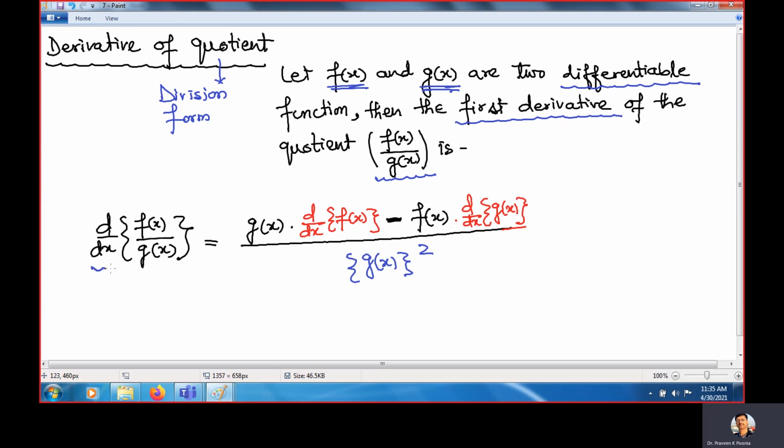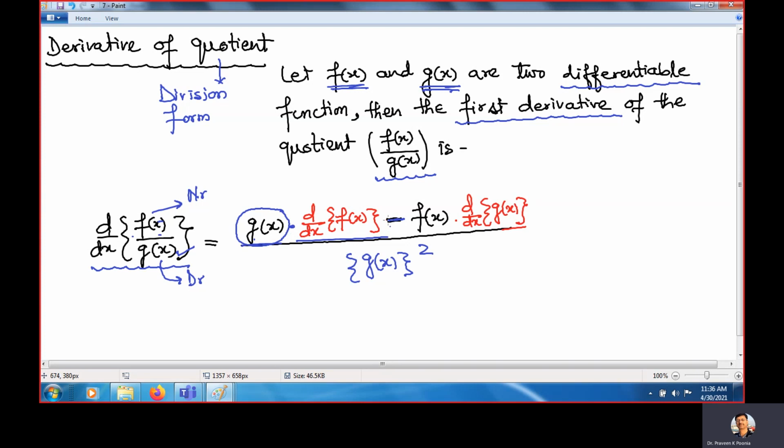What? D by dx fx upon gx, fx divide gx. So here gx will be first, whatever is downside, same to same. Differential of numerator fx. This fx is the numerator, this gx is the denominator. So denominator differential of numerator gx. Here is negative.